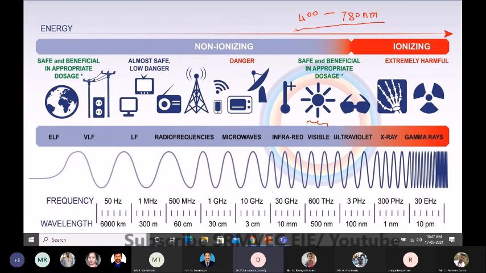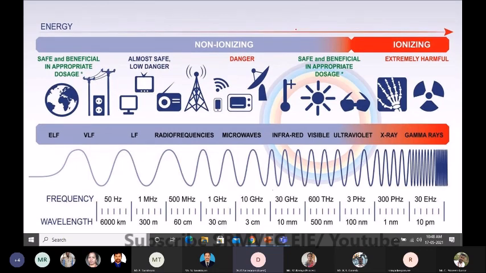The rays radiated in this wavelength are visible to us. Other things are given here, but we are not concerned as the time is limited. I will move on. There are two types of radiation: non-ionizing and ionizing. Non-ionizing will not affect your health, whereas ionizing affects our body. So you have to be very careful.